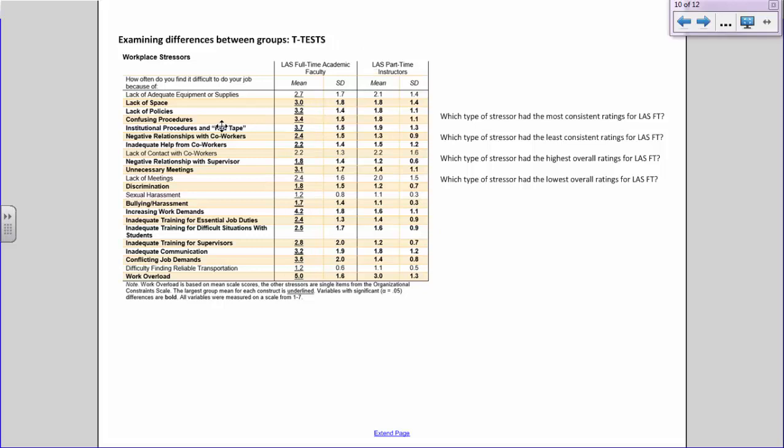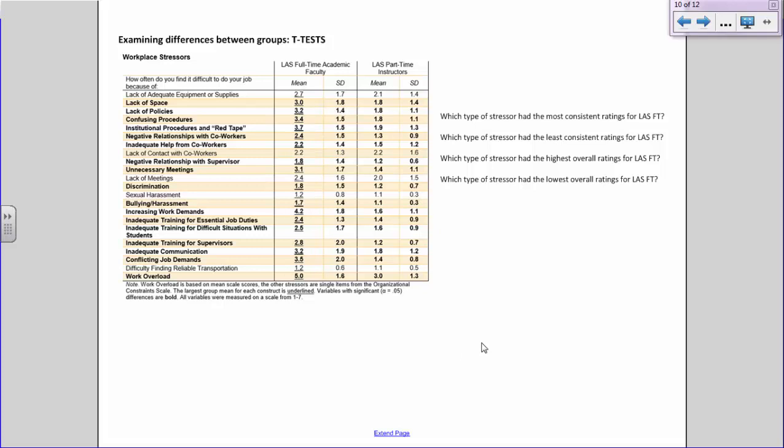So for instance, because there's a significantly higher level of stress due to lack of space among full-time academic faculty, I think that all full-time academic faculty in LAS in general feel like there's more of a lack of space than the part-time instructors.